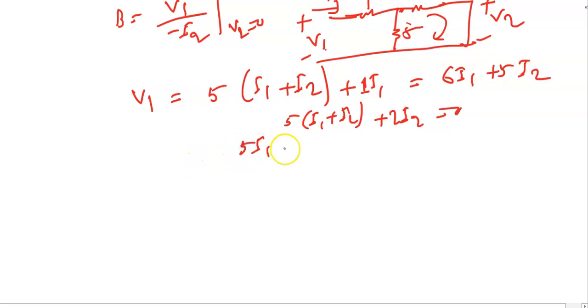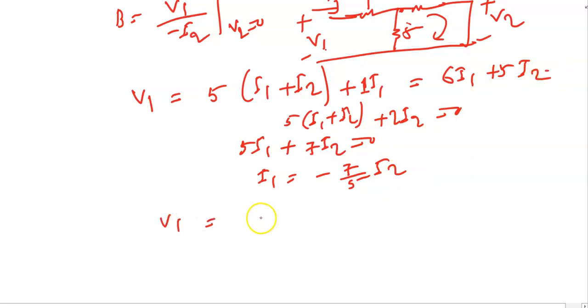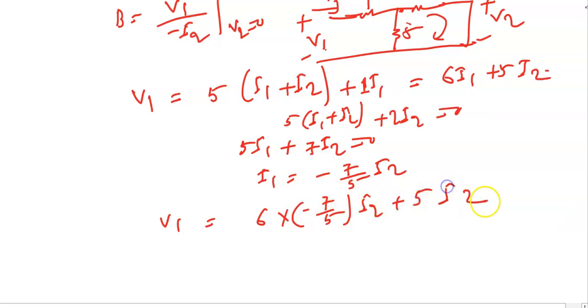Five I1 plus 7 I2 equal to 0. So I1 is equal to minus 7 upon 5 I2. Putting these values in the above equation, V1 is equal to 6 into minus 7 by 5 I2 plus 5 I2.